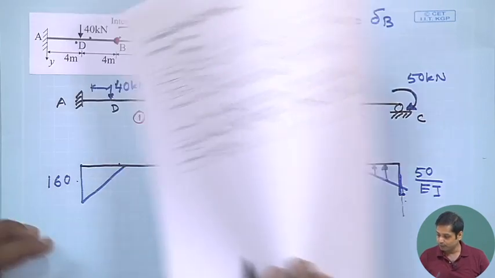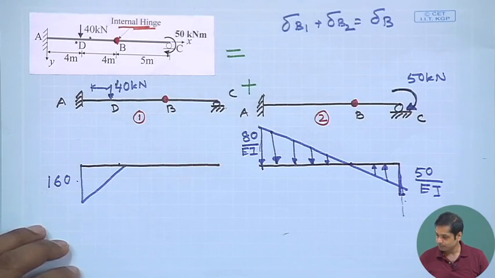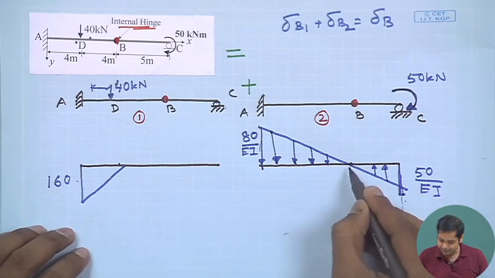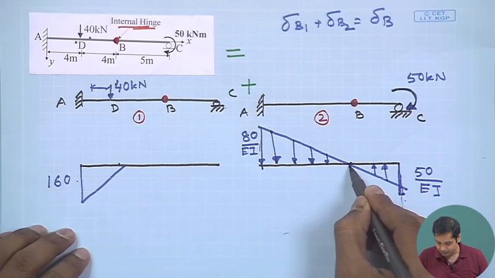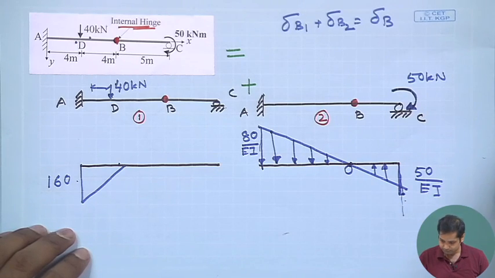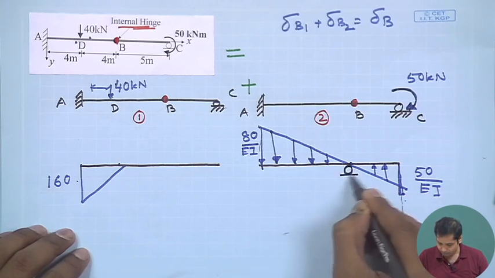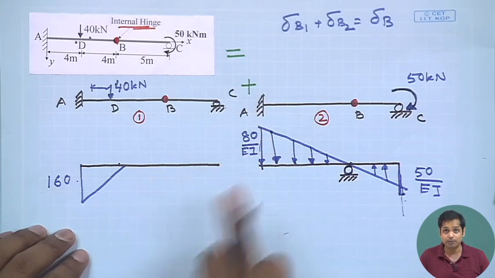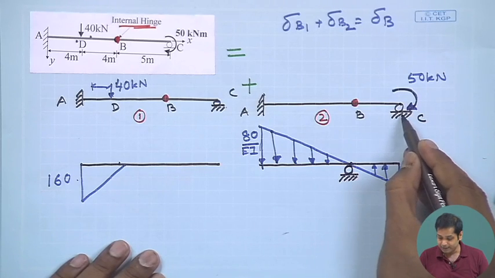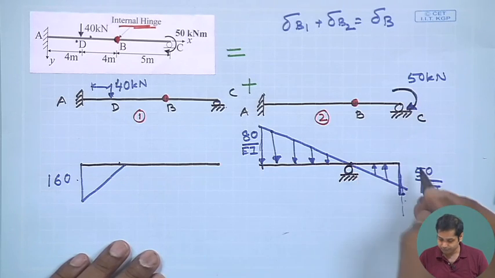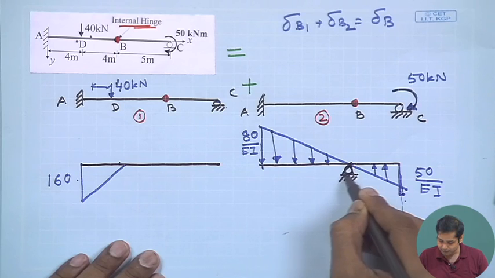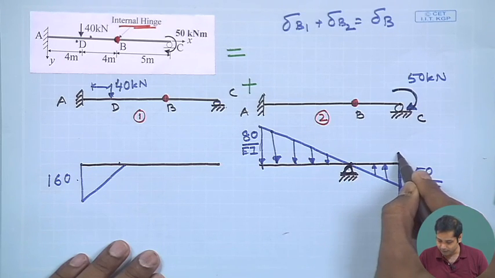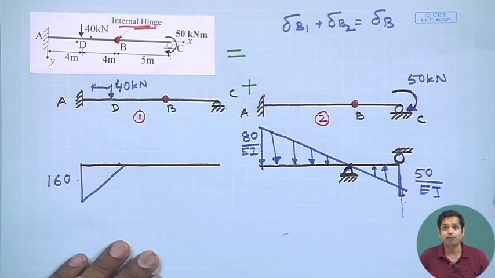So, the internal hinge becomes a roller, the fixed end becomes free, and the other end remains a roller. Or, this becomes a hinge, this becomes a hinge, and this remains a roller. This is the support condition.